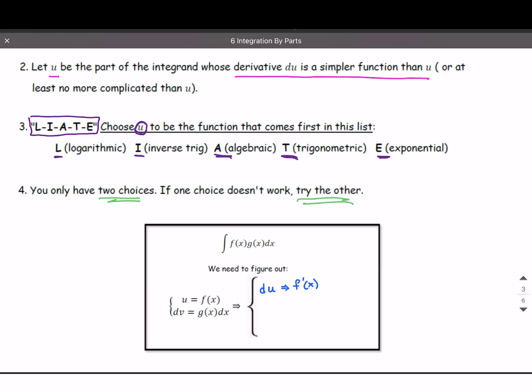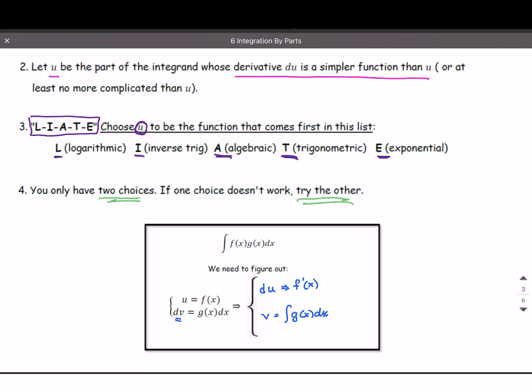And when we choose dv, we have to figure out v, which is the antiderivative of whatever we set dv to be. It sounds like a lot, and it sounds very obtuse, but it's not too bad once we start getting going.